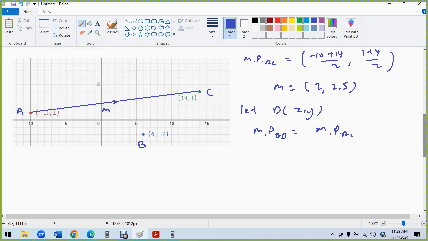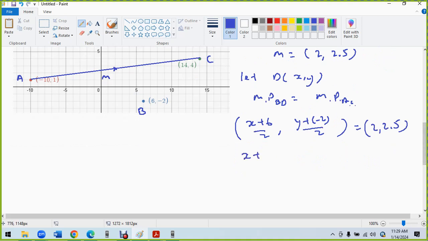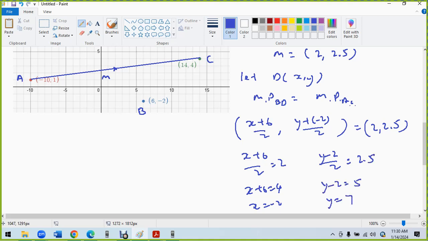So the midpoint of BD will be x plus 6 over 2, y plus negative 2 over 2, and this is 2.5. So we have x plus 6 over 2 equal to 2, x plus 6 equal to 4, x equal to negative 2. And then y minus 2 divided by 2 equal to 2.5, y minus 2 equal to 5, y equal to 7.